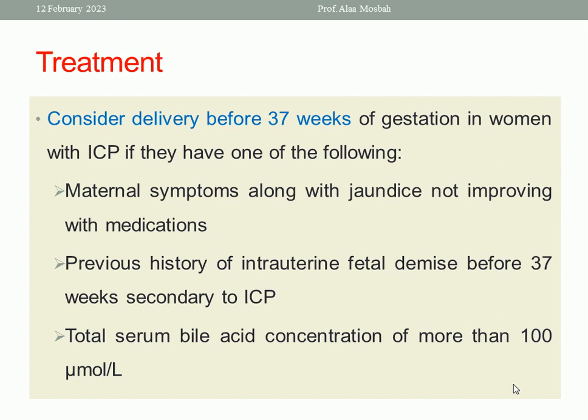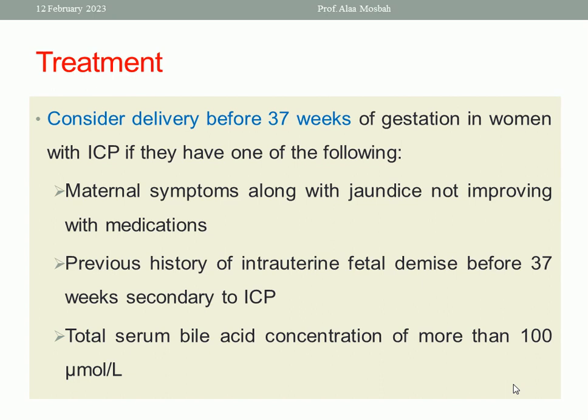Number two, previous history of intrauterine fetal demise before 37 weeks secondary to intrahepatic cholestasis in pregnancy. Number three, total serum bile acid concentration of more than 100 micromole per liter. Also remember this number because it is associated with very important hazards as regards the fetus and the neonate, and may cause perinatal morbidity and mortality. 100 micromole per liter for bile acid.